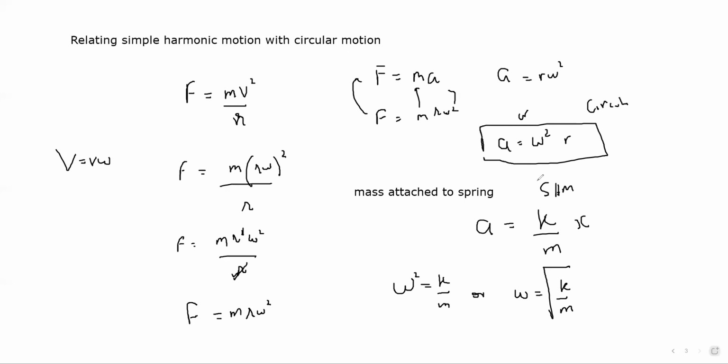In the same way, we have a pendulum. A simple pendulum is a mass attached to a string, and we want to find, first of all, whether it is performing a simple harmonic motion.